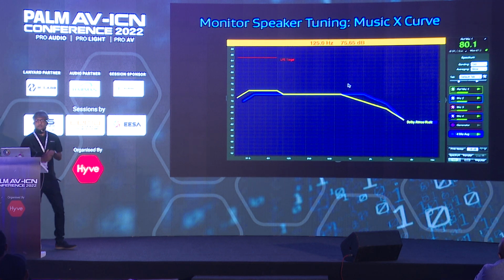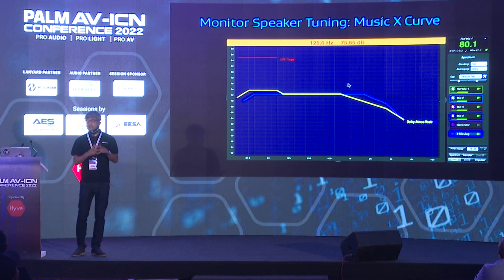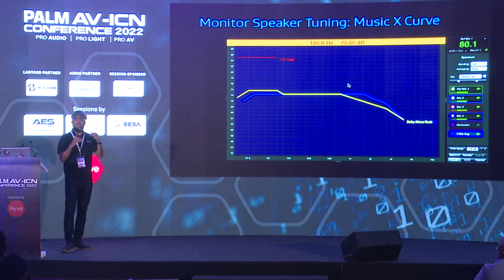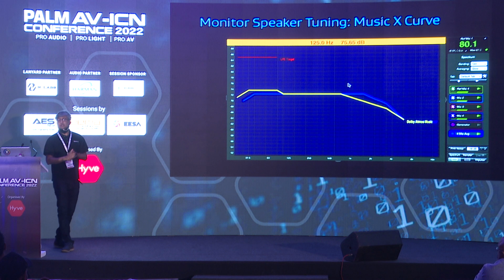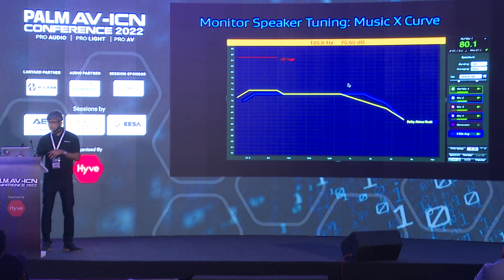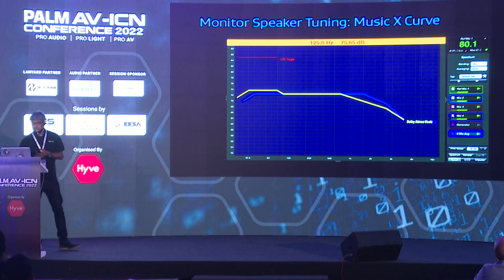And then if you're predominantly into music mixing, it has been noticed that music mix engineers prefer a slightly different tuning for their monitors. And typically, that has a slightly gentler roll-off. So you will see that the roll-off starts a little early, but is a little more gentle.